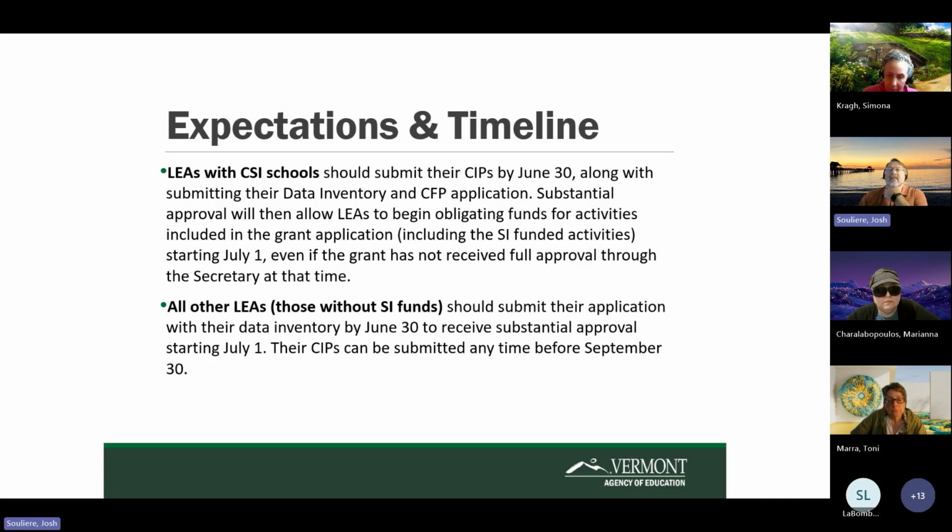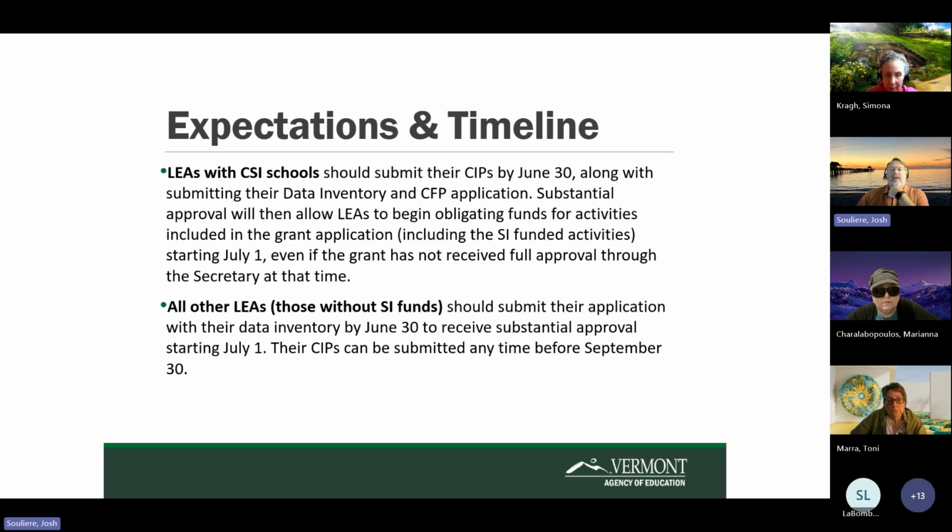All other LEAs, so those who are not eligible for the Title I School Improvement Funds, should submit their CFP application with their data inventory by June 30th to receive substantial approval starting July 1st. Their CIPs can be submitted anytime before September 30th.